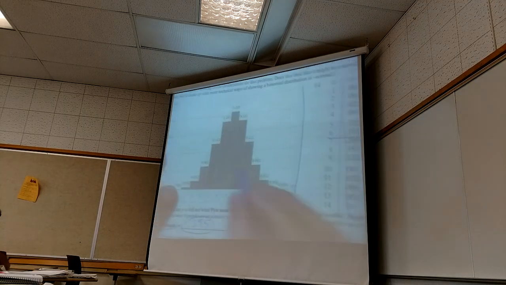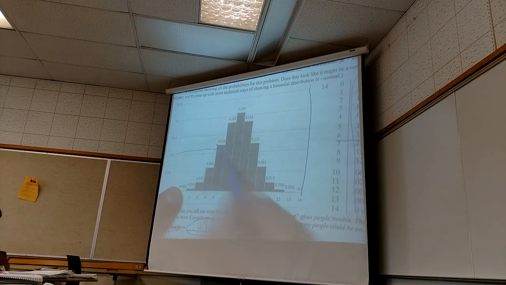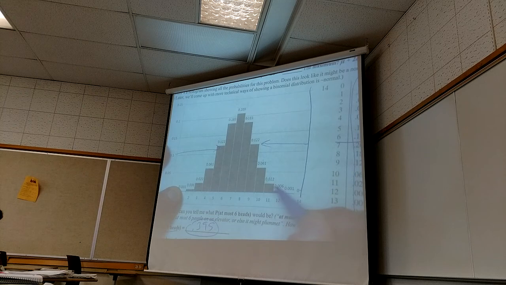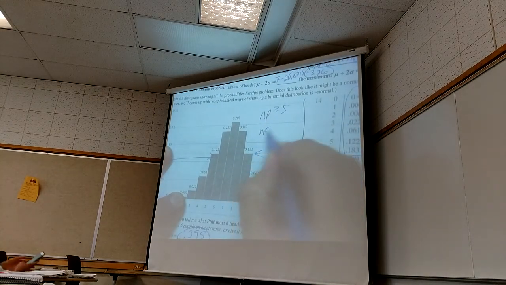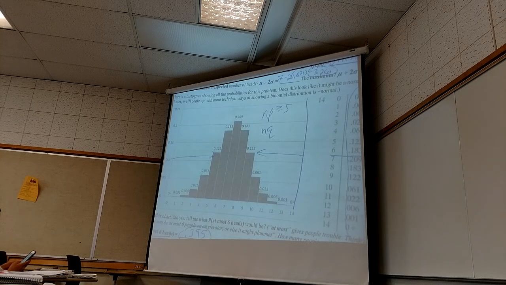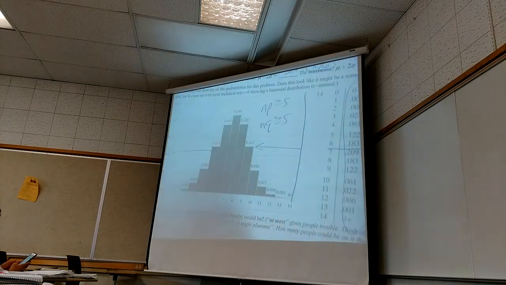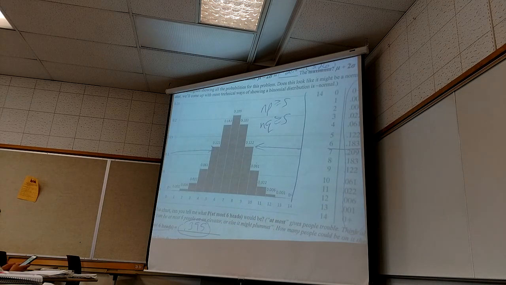So I have to make sure it gets away from this wall enough, but I also can't let it get too close to that one. That's looking at nq, the number of failures. I don't want the number of failures to be too small, or that pushes it up against the other wall. So when I say check np and nq, this is the check to make sure the binomial situation is normal enough: np and nq have to be at least 5.